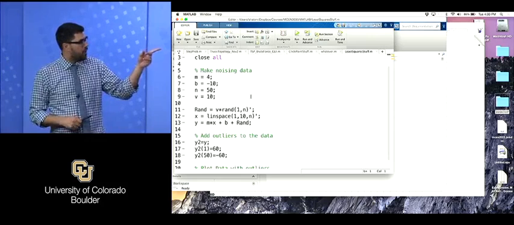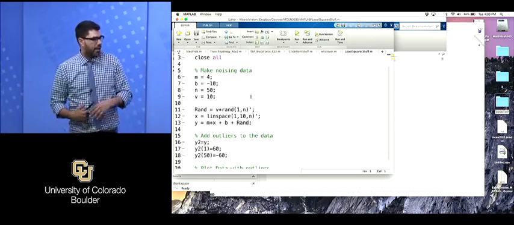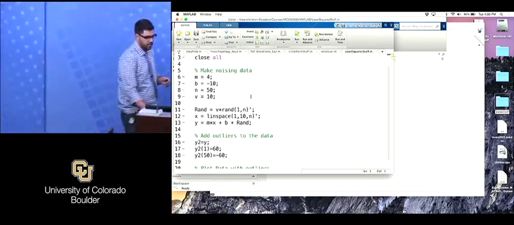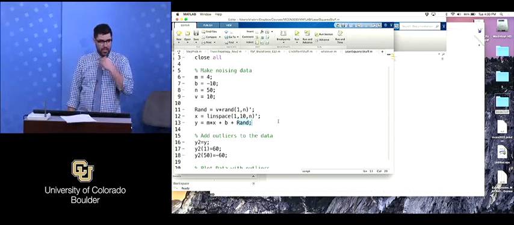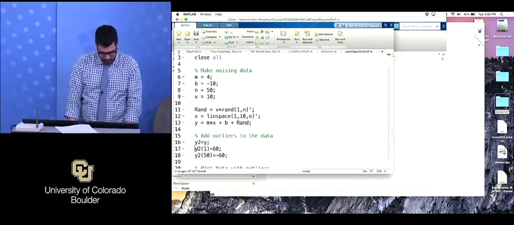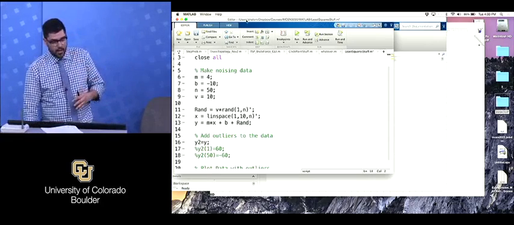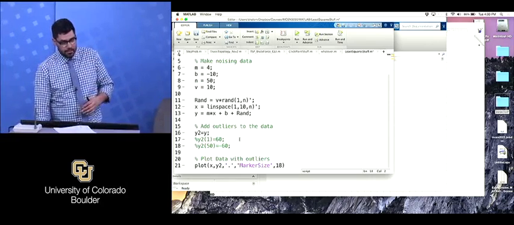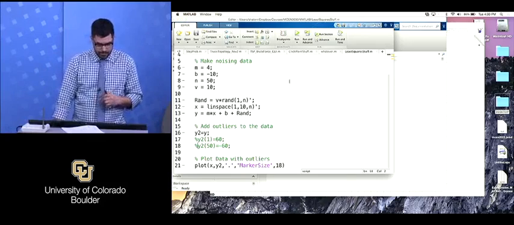My M is 4, my B is minus 10, and then I just add noisy data. You can see down here my Y is now noisy. Make sense? And then I plot them. I can do outliers, but I'll comment those out so there are no outliers at this point. They're just noisy data. So let me run.